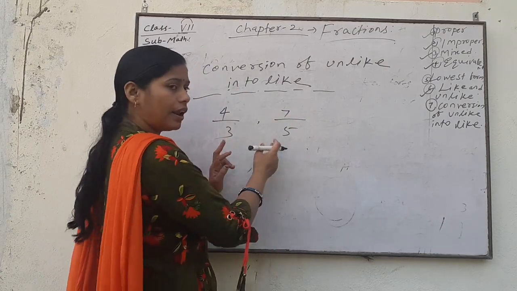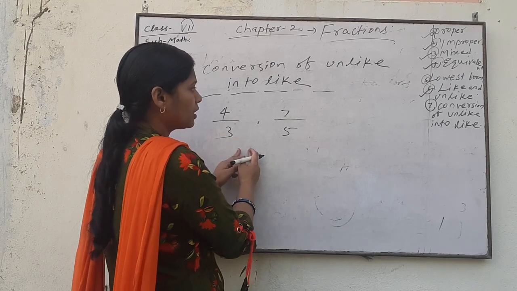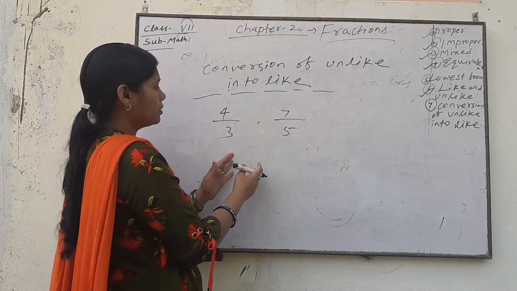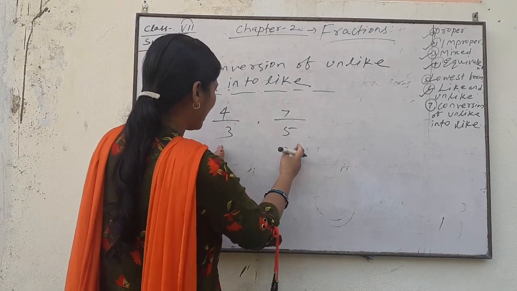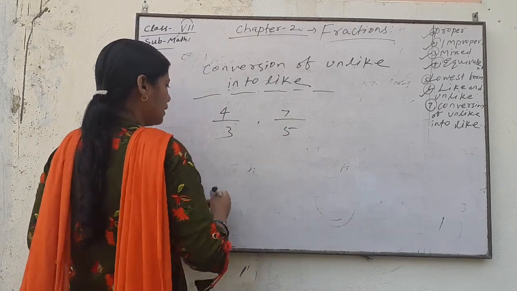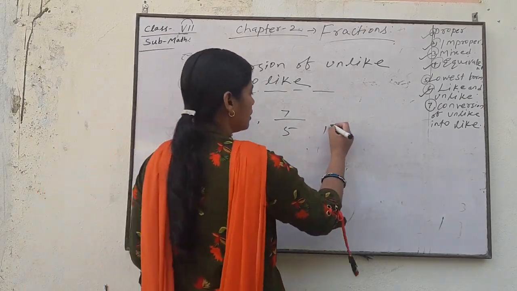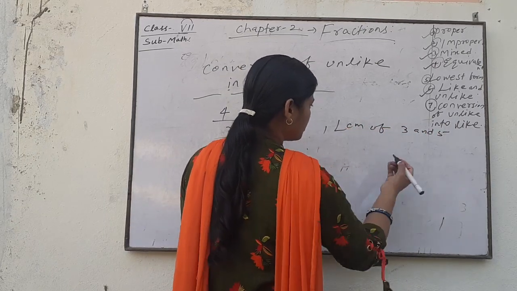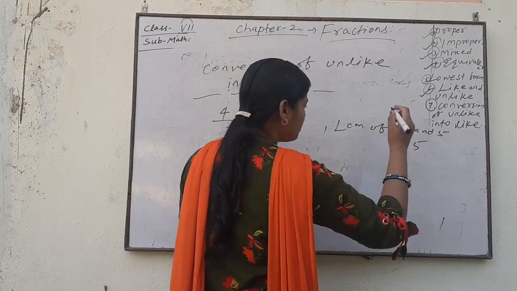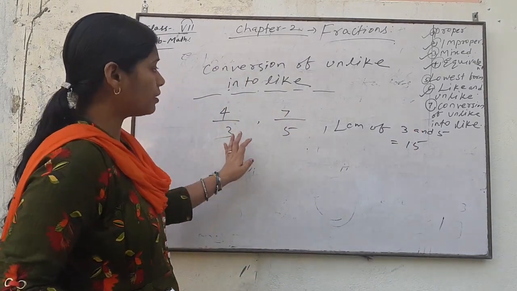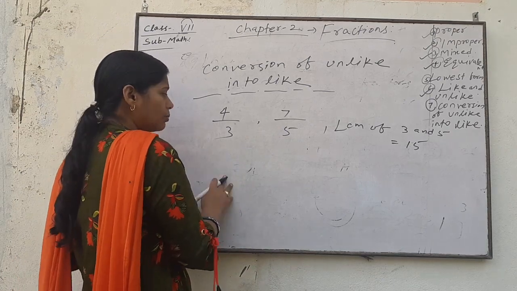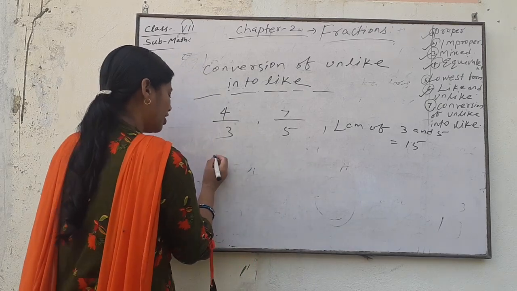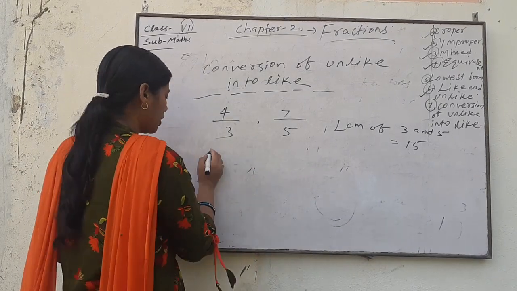These are unlike fractions, both are unlike fractions. Now we want to convert the unlike fractions into like fractions. First you find the LCM of 3 and 5, which is 15. Now convert the unlike fractions into like fractions, with the same denominator.